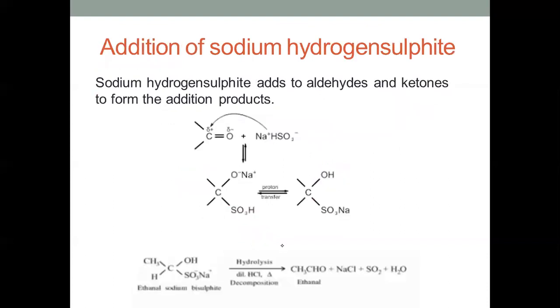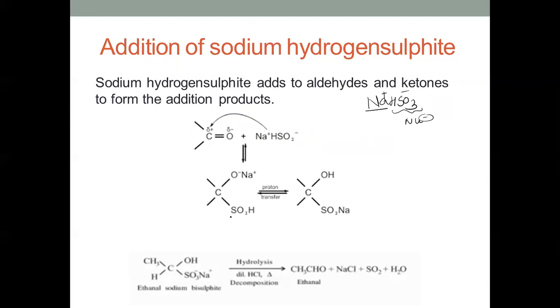Yes. And the next reaction is addition of sodium hydrogen sulfite. What is sodium hydrogen sulfite? NaHSO3. Here there is Na plus and HSO3 minus. This one is acting as the nucleophile here. So again, this will attack this electrophilic carbon atom, resulting in the formation of this intermediate.